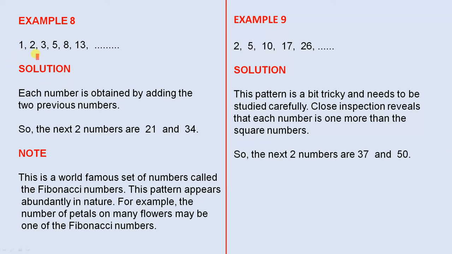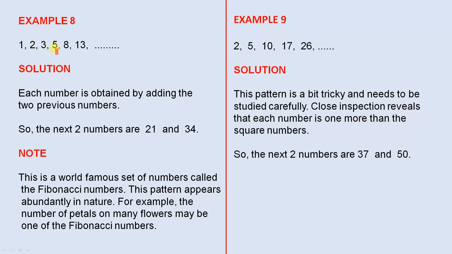Example 8. 1, 2, 3, 5, 8 and 13. Each number is obtained by adding the 2 previous numbers. So if you start with 1, then 2, okay, so you start with those 2, then to obtain the 3, 1 plus 2 is 3.